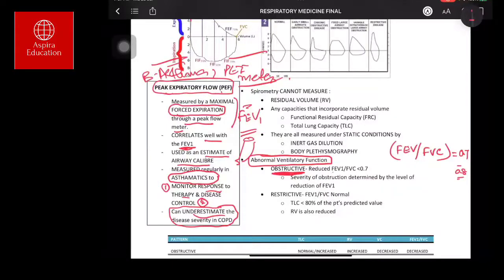So if the FEV1 by FVC ratio is less than 0.7, it means that the person is suffering from obstructive pulmonary disease. Severity of obstruction can be determined at the level of reduction of FEV1. We'll come to that. In restrictive disease, the FEV1 to FVC ratio is normal. Why? Because there is no problem with the airway. It is only the lung volume that has shortened. So the amount of air pushed out and the amount of air that moves in as vital capacity remains proportionally the same.